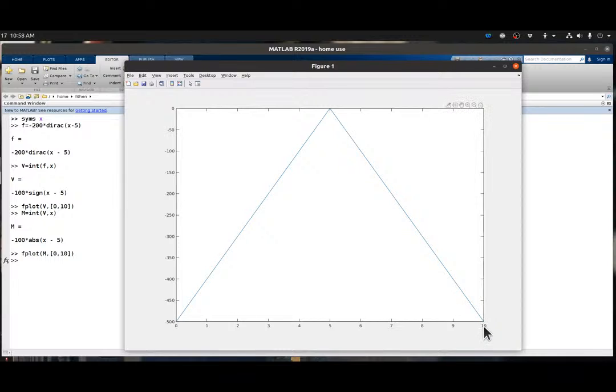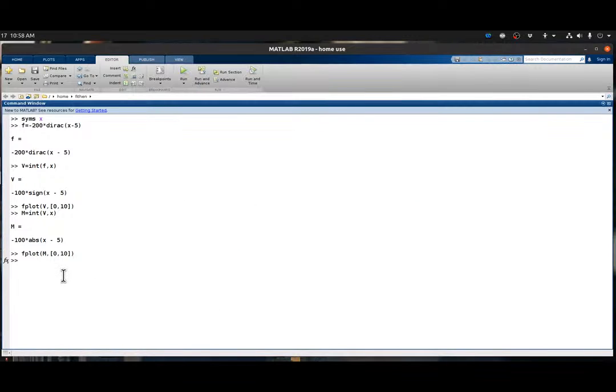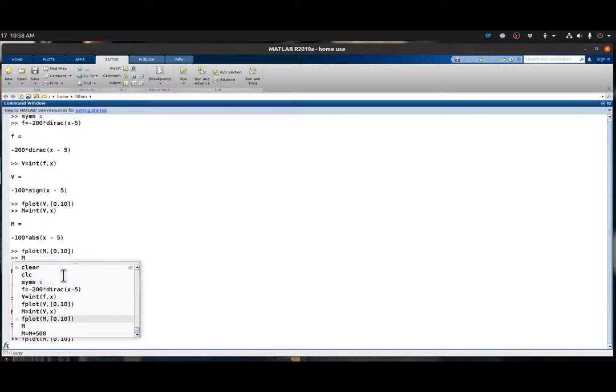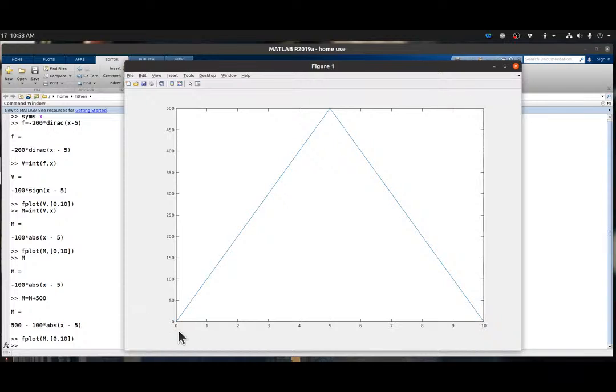There is no applied moment there, so this means the moment is equal to the moment plus 500. The constant of integration here is 500. Now if I go back a couple of steps and do the plot, here's what I see. I see a moment of 0 on the left and a moment of 0 on the right. And right in the middle, I see a moment of 500.